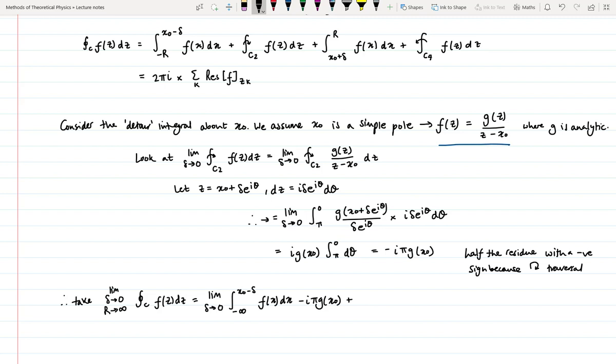Next, the contribution along C3 is the limit as delta tends to 0 of the integral from x naught plus delta to infinity. And the last term is the contribution from C4. For this last term, I'm now going to assume, as usual, that this contribution vanishes as r tends to infinity. And that will be either by Jordan's lemma or the fact that the integrand vanishes faster than 1 over z.